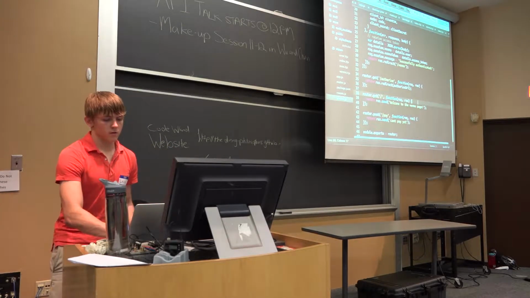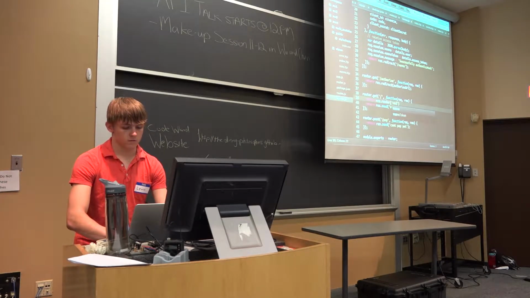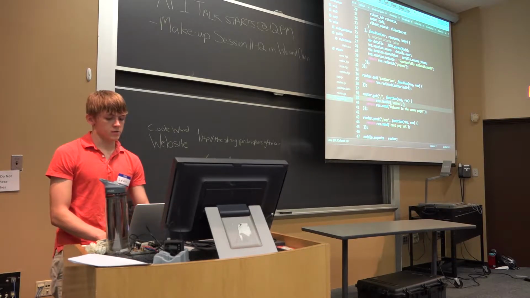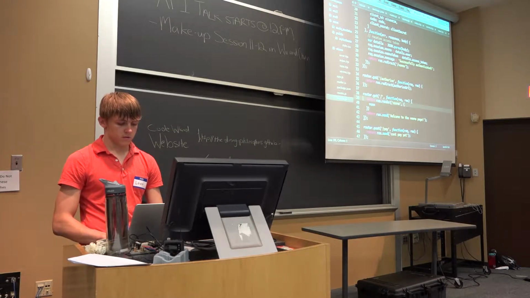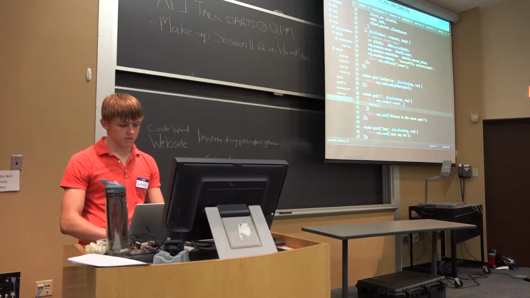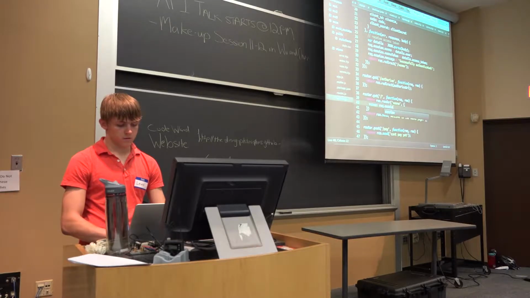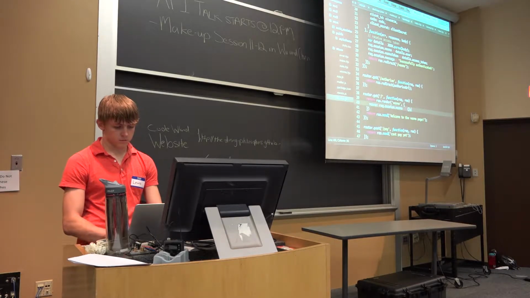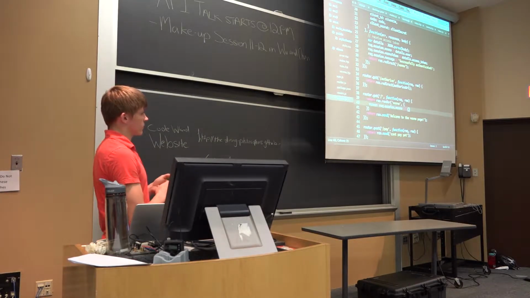So on here, we'll render the Venmo template that we're working on, and we'll just give it the Venmo object, and if the Venmo object doesn't exist, then we'll give it an empty object.